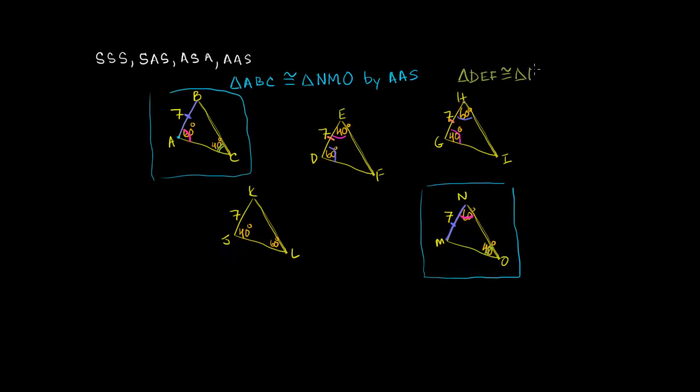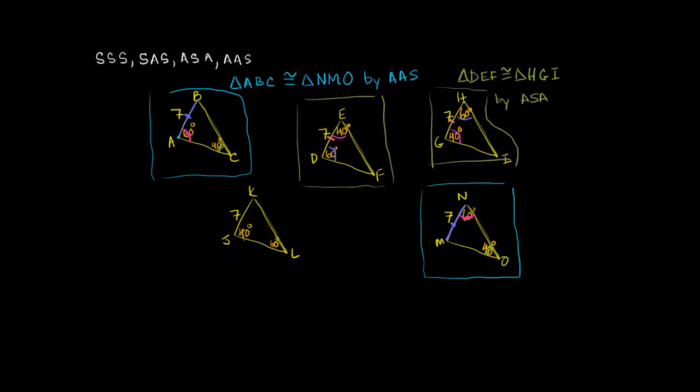Is congruent to triangle H, and then we went from D to E. E is the vertex on the 40-degree side, kind of the other vertex that shares the 7-length segment right over here. So we want to go from H to G, then I, and we know that from angle, side, angle, by angle, side, angle. And so that gives us that character right over there is congruent to this character right over here.